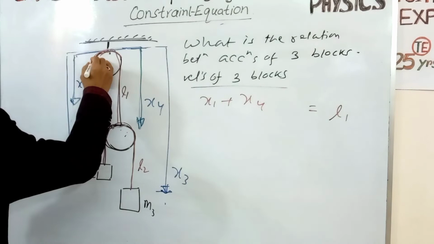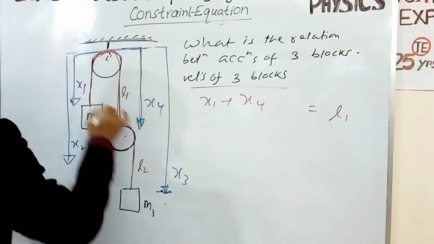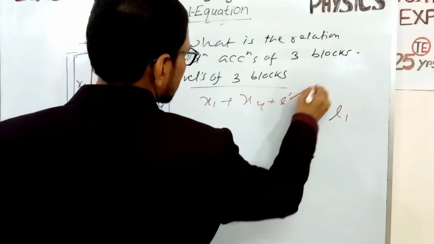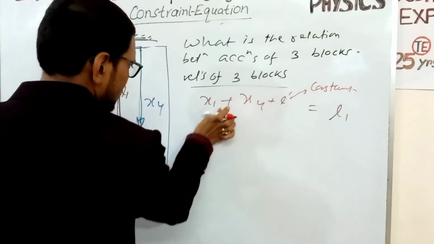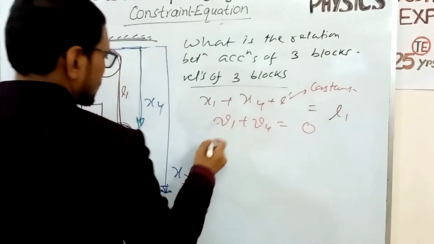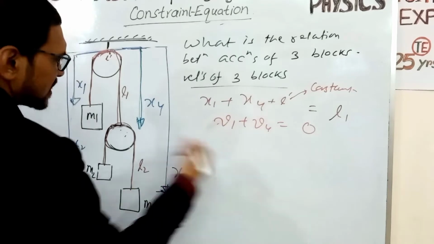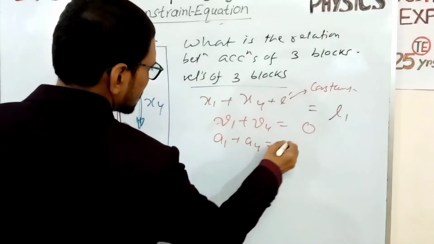Suppose this part is L dash. Now L dash is constant. If we differentiate once, we get velocity equal to 0. If we differentiate once more, we get a1 plus a4 equals 0.